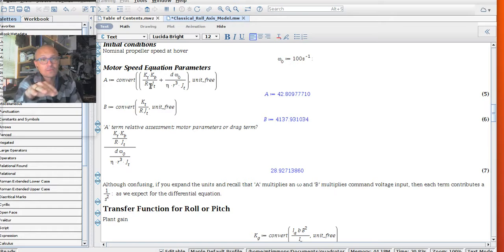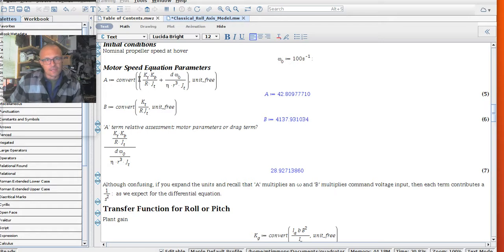So if we just look at A, and we don't look at this ratio here, which means a little bit more to us now, it says that this first term in A dominates the second term related to the drag. They both have moment of inertia in the denominator. That sort of cancels out. Let's just look at this term right here.